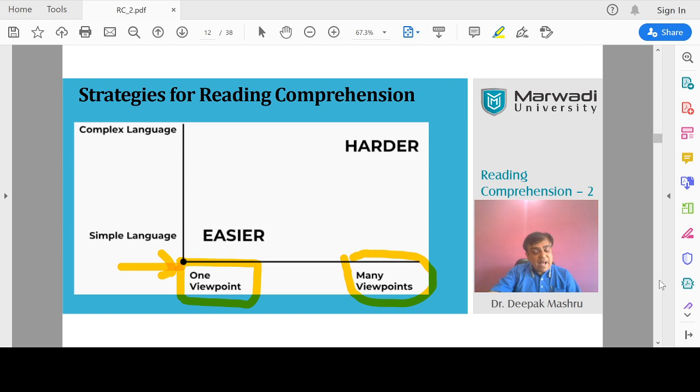It becomes difficult for the reader to understand different viewpoints. Whatever is given in the paragraph with one viewpoint or fewer viewpoints is easy to understand. And if you talk about many viewpoints, that means things are given in different forms, and that creates a problem. I think you understand now, right?